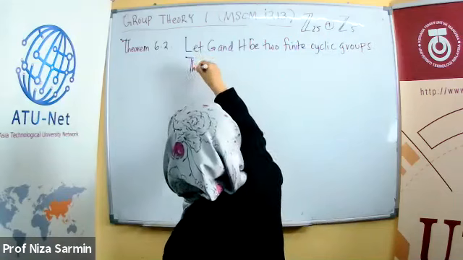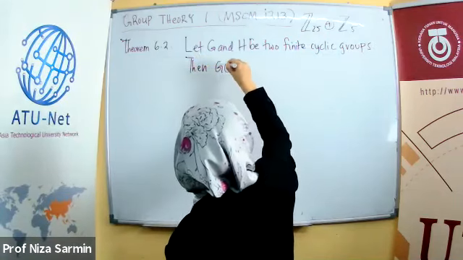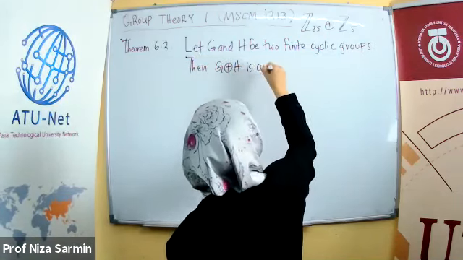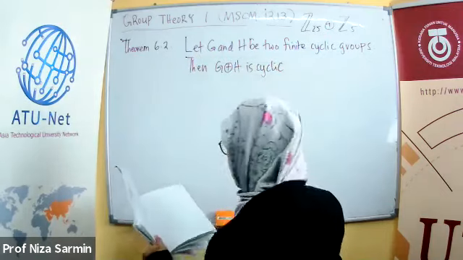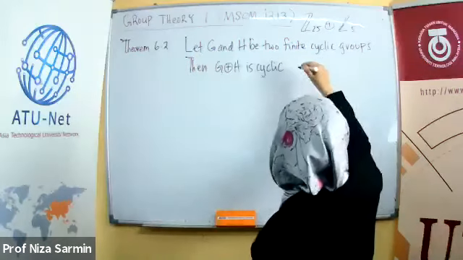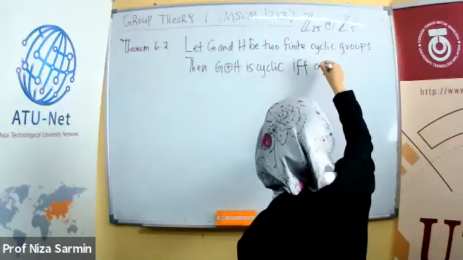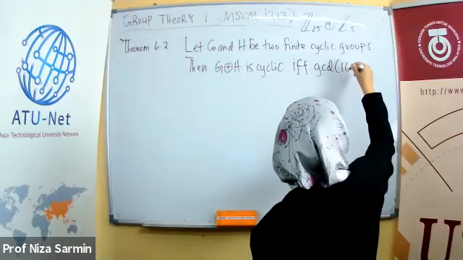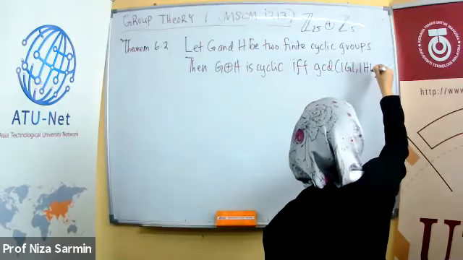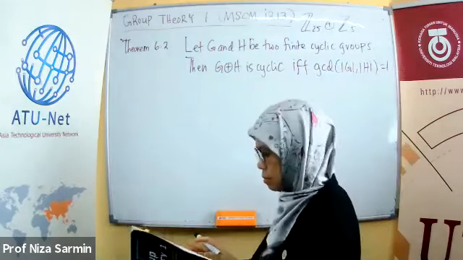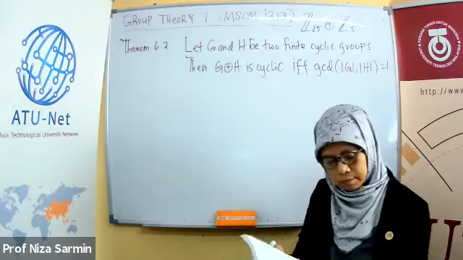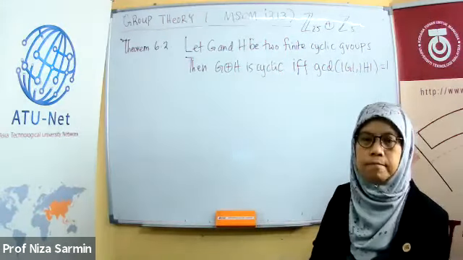Then G plus H is cyclic if and only if their GCD is 1. Okay?